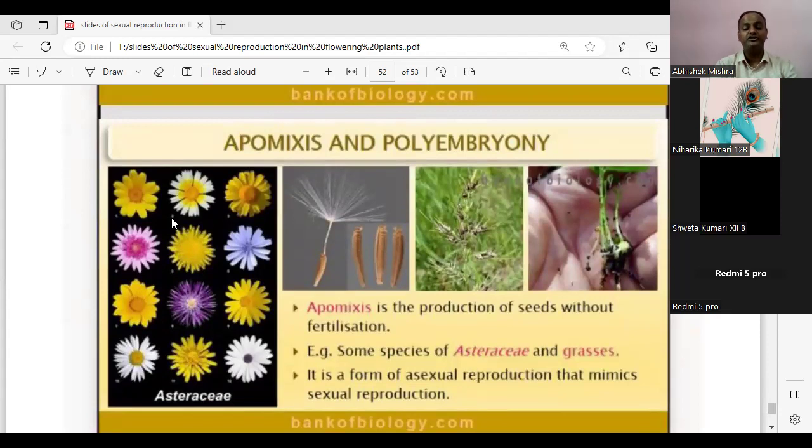Here the seed formation is there without fertilization, for example like grasses. And always remember, students, that it is a form of asexual reproduction that mimics sexual reproduction. So be very careful. Out of apomixis and polyembryony, always one question comes in your examination. But don't get confused. Sometimes students read apomixis is a form of sexual reproduction, but it is asexual, but it copies sexual reproduction. How?